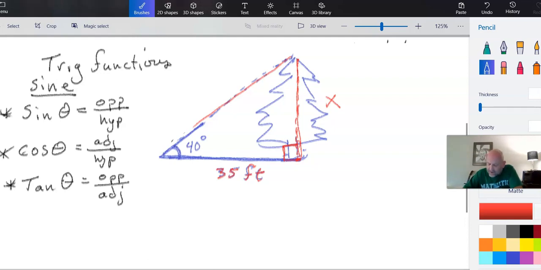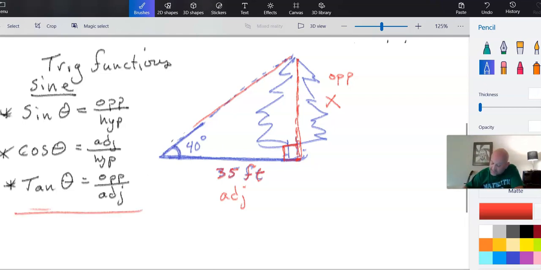Let's look at this here. The two sides we either know or are interested in are the opposite side, and the adjacent side. So I ask myself, which of the trig functions relate an angle to the opposite and adjacent side? And if I look over here, I can see that it's tangent.